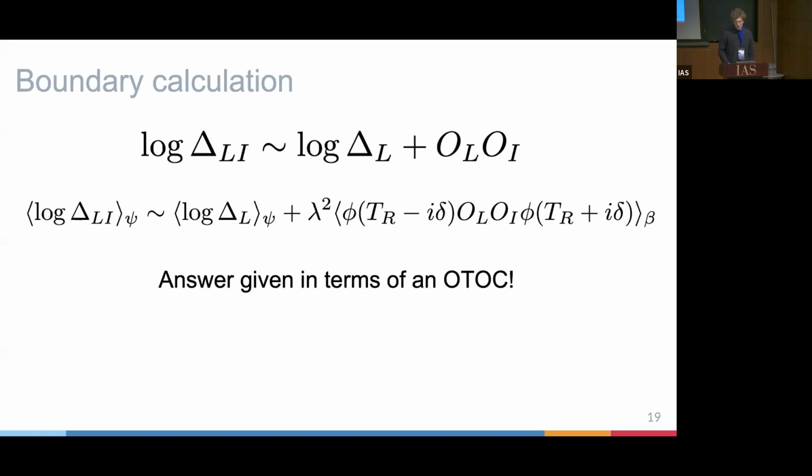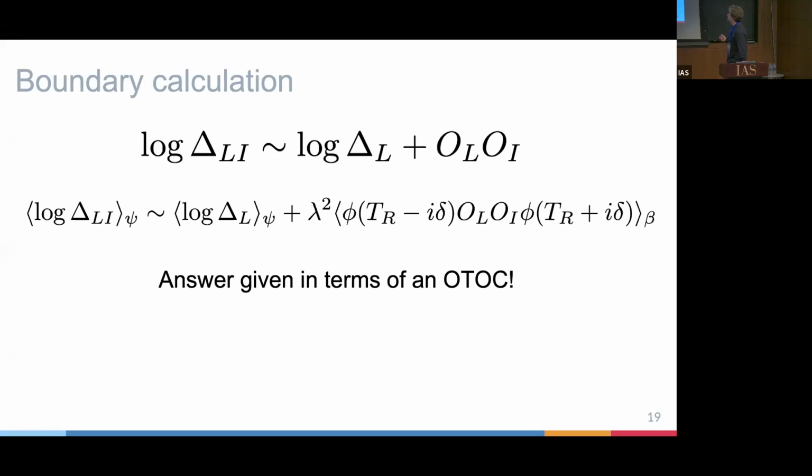So now we want to compute the expectation value of this quantity on the boundary. I'm going to forget about all the smearing and all that stuff. It's not important. Just think of this as some bilocal operator. And now when I go to compute on the boundary this generalized boost energy, I get a contribution from the boost energy about the bifurcation surface, plus some contribution, which to leading order in this small parameter lambda, which was sort of turning on a source for this operator, is just this 4-point function.